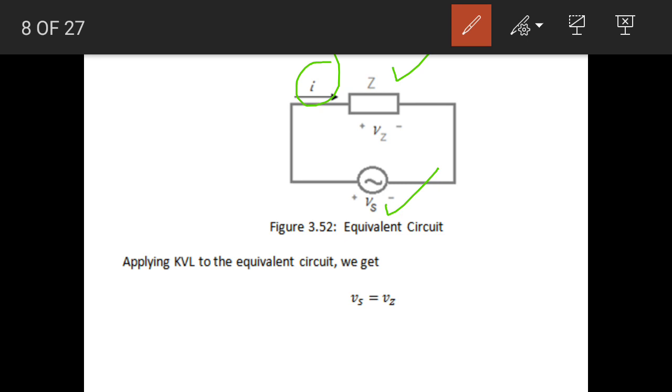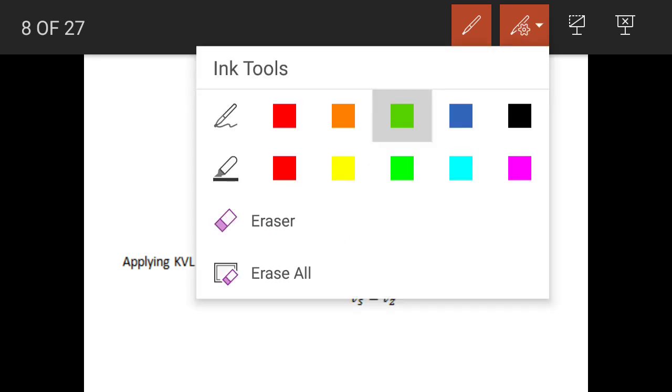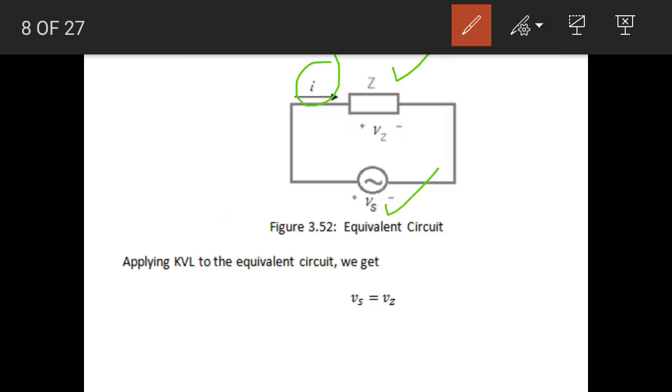There is no difference between the current of this circuit and the AC current of the original circuit. You see, there are three passive circuit elements in the original circuit. So we apply KVL to this particular loop. According to KVL, the voltage across the source is equal to the voltage across this passive circuit element.